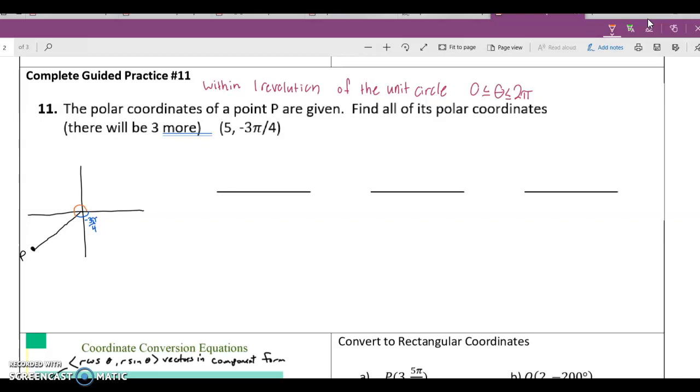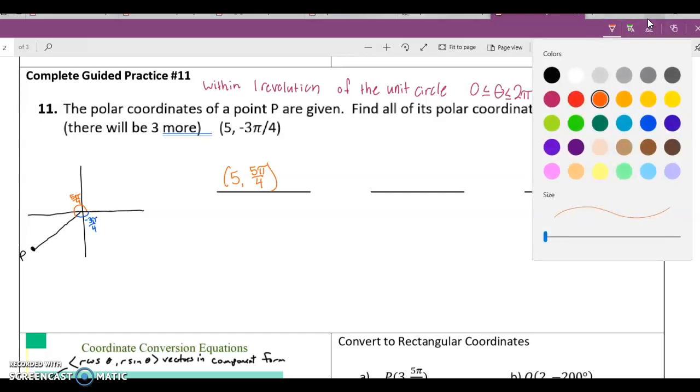So going around, our coterminal angle for that is 5 pi over 4. So this angle right here is 5 pi over 4. And then since we're still going out in the positive radius direction, our point is 5, 5 pi over 4.